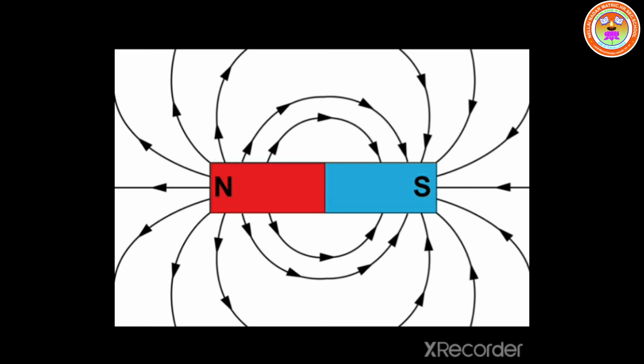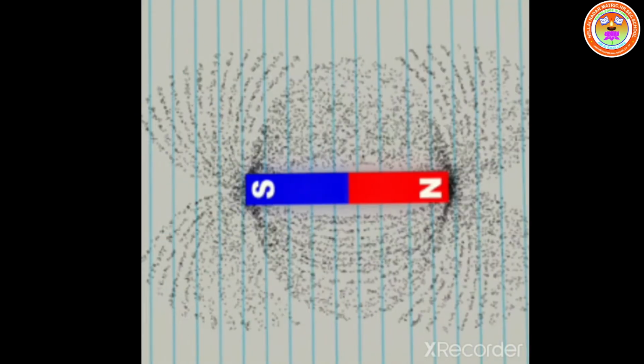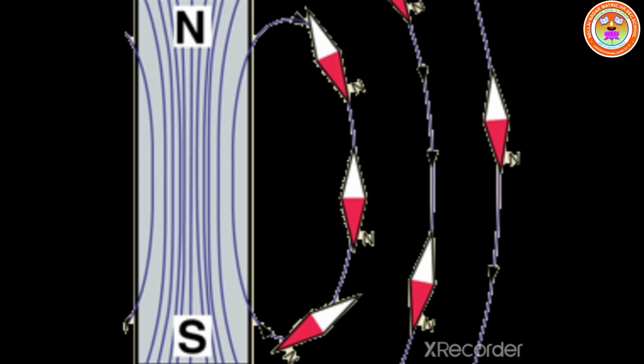The direction of the magnetic field around a magnet can be found by placing a small compass in the magnetic field.